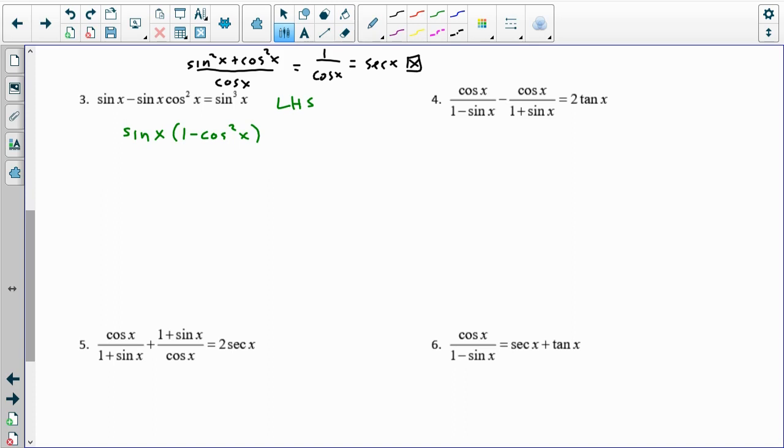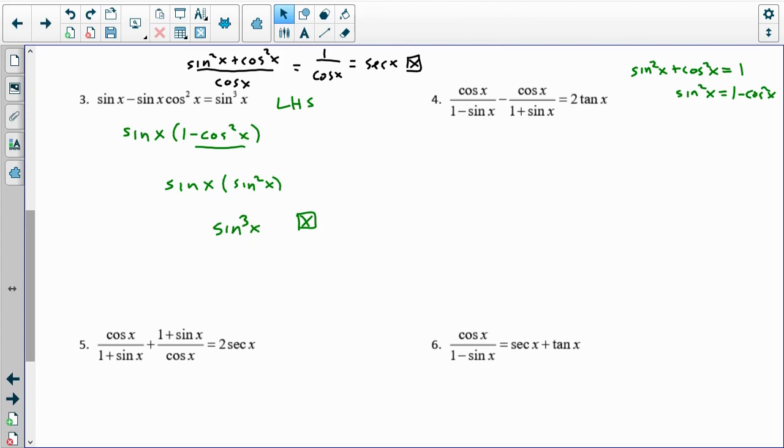Well, what I can remember is that sine squared plus cosine squared equals 1 can be manipulated, and so I can subtract the cosine squared from both sides, and that equals sine squared. So I can replace 1 minus cosine squared with sine squared. So I have sine cubed, and that is exactly the right-hand side.